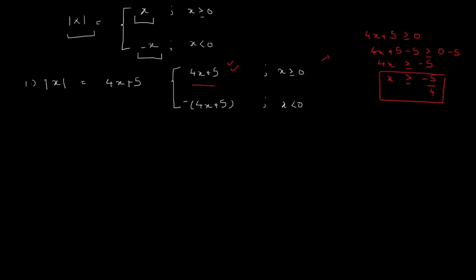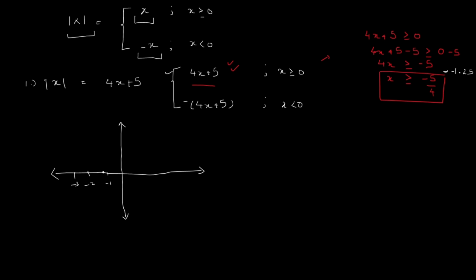So let's draw the graph for this equation first. x is minus 5 by 4, that's approximately minus 1.25. 1, 2, 3, minus 1, minus 2, minus 3.